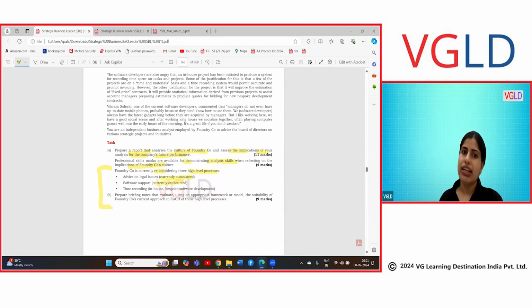And third one is time recording, which is done in-house, bespoke software development. So now, like in fast track mode, I get to know that okay, in the main question, I will have to prepare a report regarding the culture of the foundry company, and I have to assess the implication of my analysis on the company's future performance.